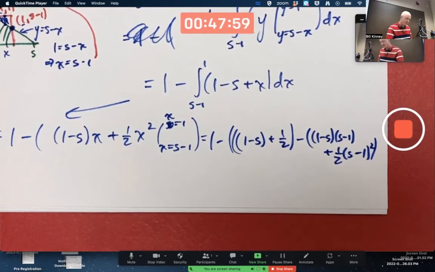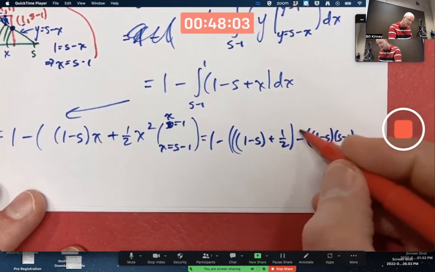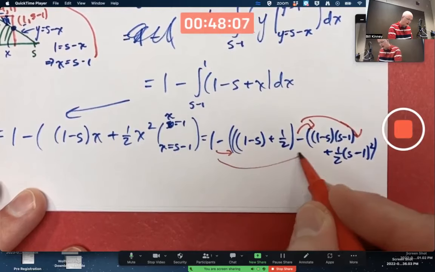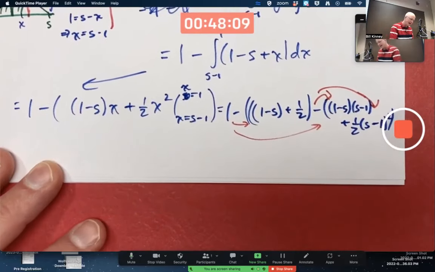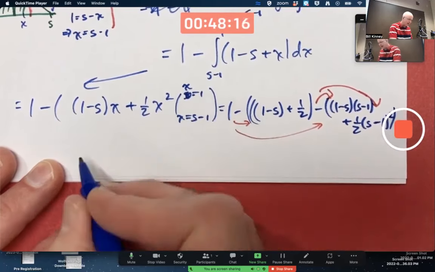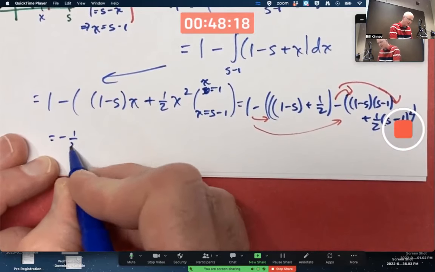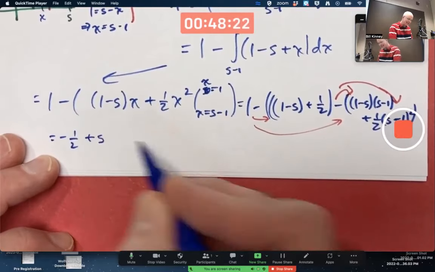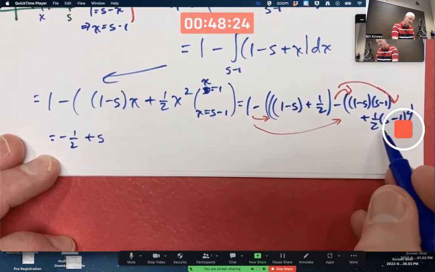Distribute the minus sign through in a couple different spots here. There's one to go through here. There's one to go through here. Oh boy. Let's see. 1 plus 1/2 is 3/2. 1 minus 3/2 is negative 1/2. Minus s is plus s. Then here's the trickiest part.